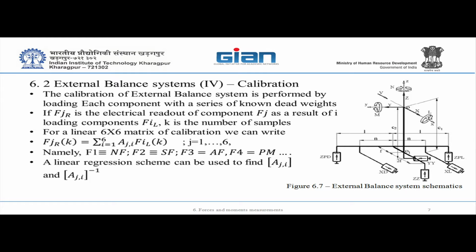Every readout is actually a combination of the loads that I'm exerting on all the other components, assuming there is cross influence between the channels. So this is the minimum I would like to do, to have a 6 by 6 matrix in calibration.